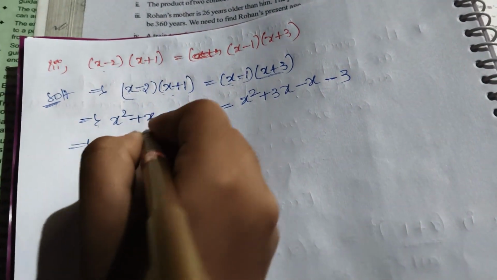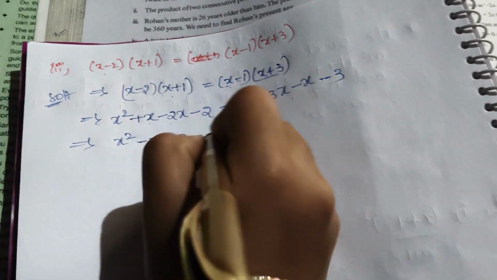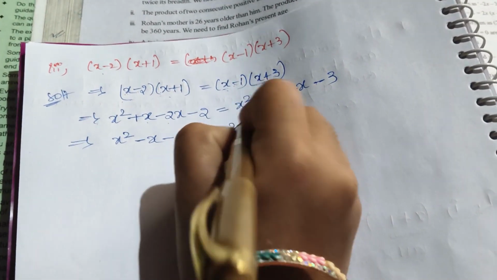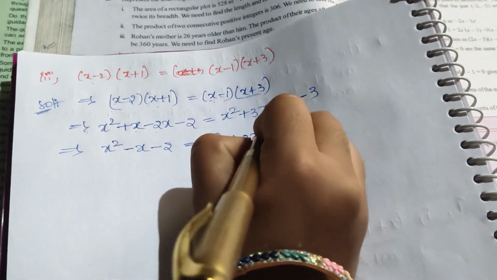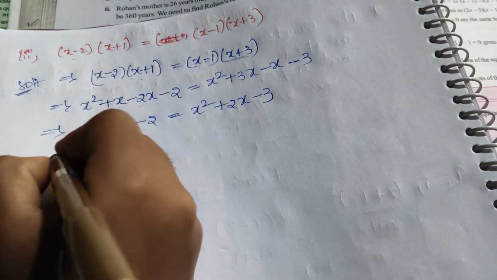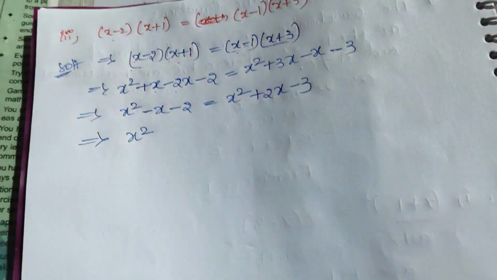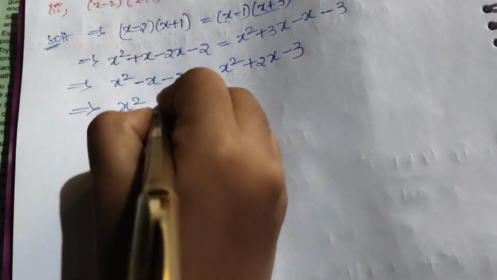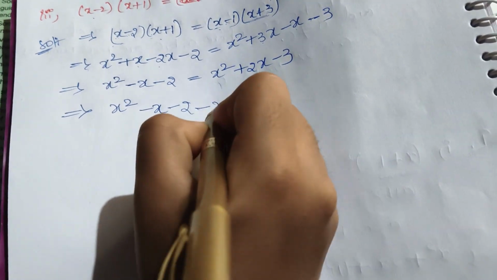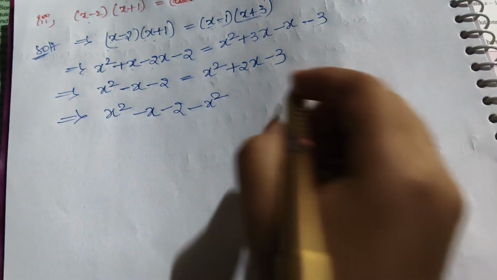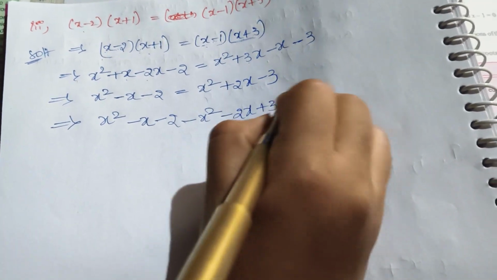Now x square plus x minus 2x will become minus x, minus 2 is equal to x square plus 3x minus x will become plus 2x, minus 3. Now this term will come to the left side. What will come? x square minus x minus 2 plus x square will come minus x square, minus 2x, minus 3 will become plus 3, is equal to 0.